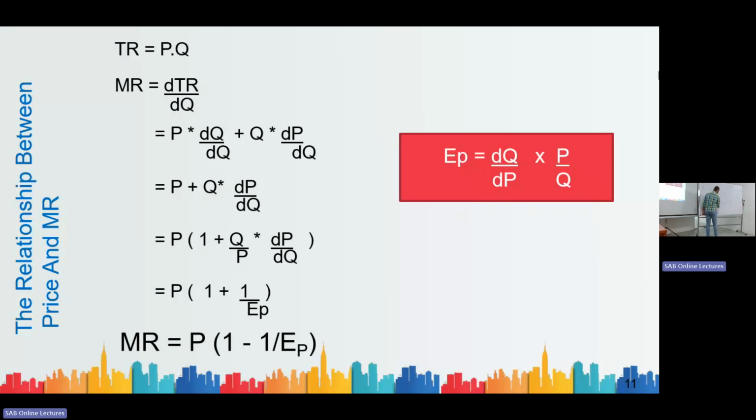What is its reciprocal? That is 1 over the slope of the inverse demand curve. Then it's 1 divided by delta P over delta Q. When we simplify this further, what do we get?